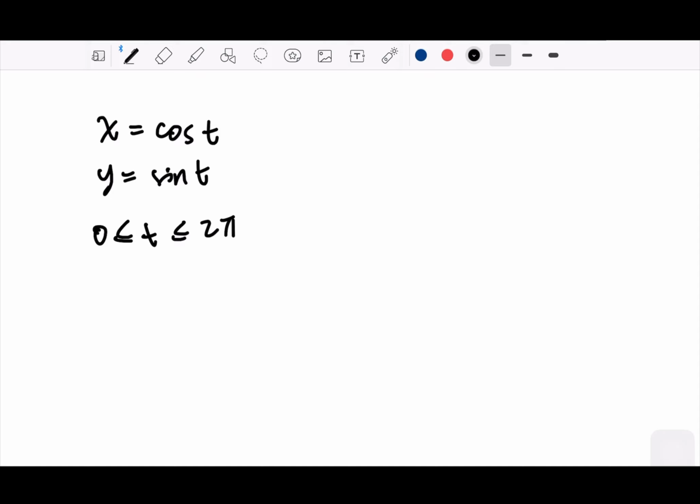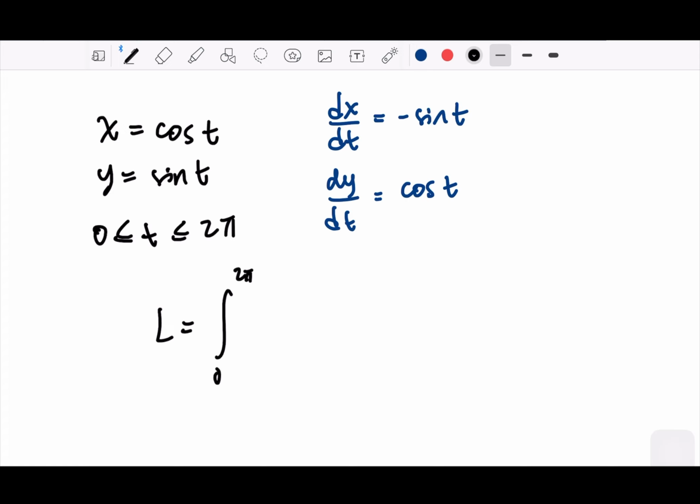That is a circle. But let's say we are going to have our calculations on the arc length. So our arc length, this is sine squared t plus cos squared t and then dt.